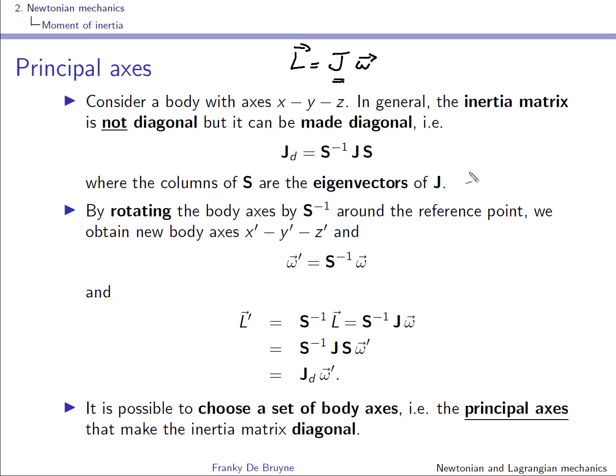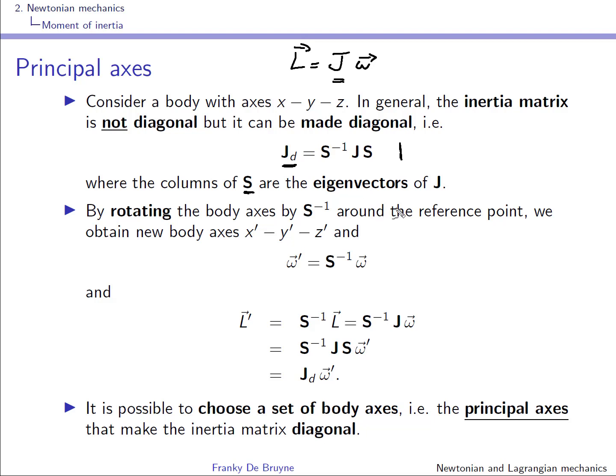It's an eigenvalue eigenvector problem. Remember that in S you put the eigenvectors of the matrix J and stack them in columns, and if you do this calculation you'll end up with an inertia matrix that is diagonal.